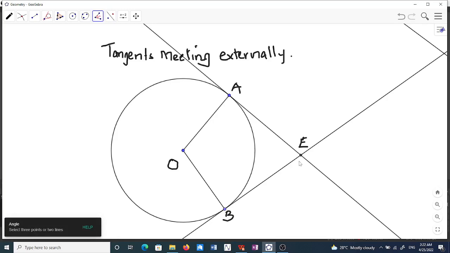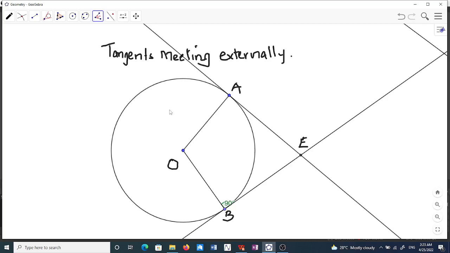Now, if we just get the angle at point B, you see the angle becomes 90 degrees. That is a great exploration. So, a radius from the tangential point makes an angle of 90 degrees. That is the rule.